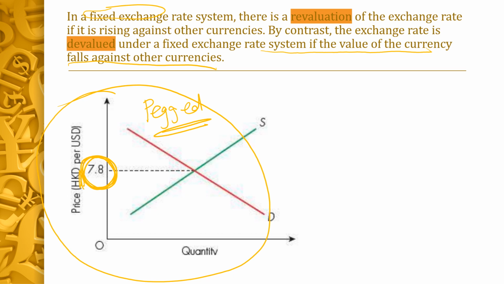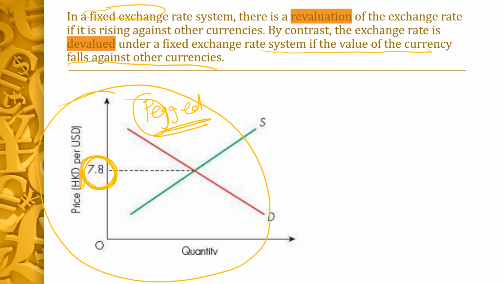The government here is interfering in the foreign exchange market so that the currency's exchange rate is different from what the free market would have produced. It establishes a peg for its currency. In this policy, the central bank sets a fixed and unchanging value for the exchange rate.